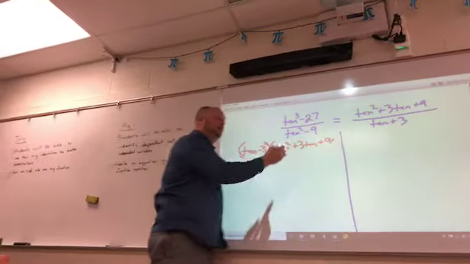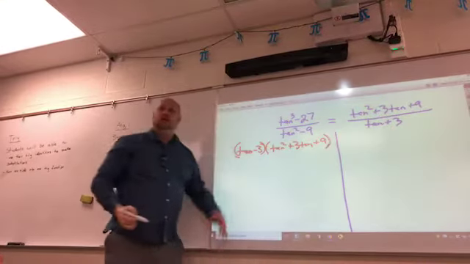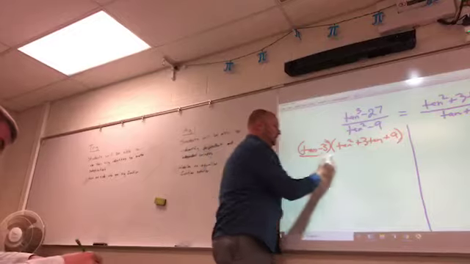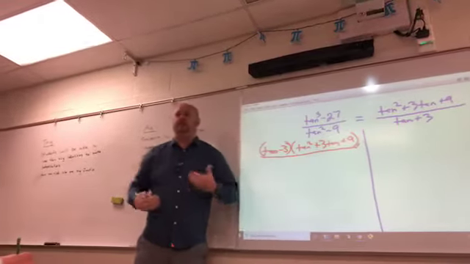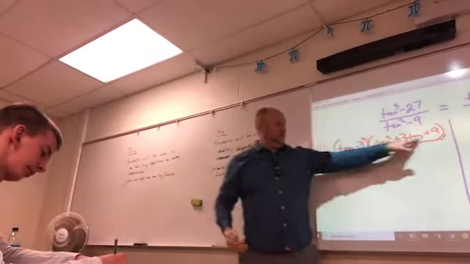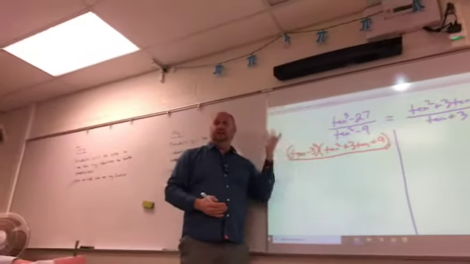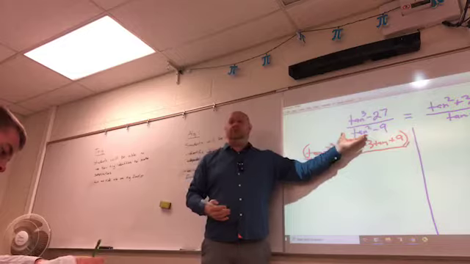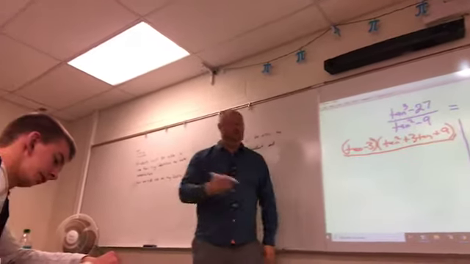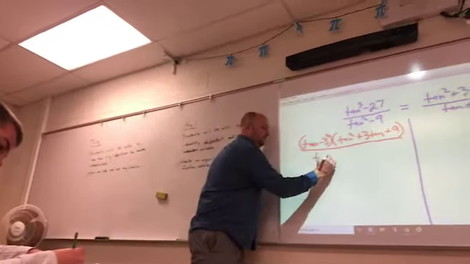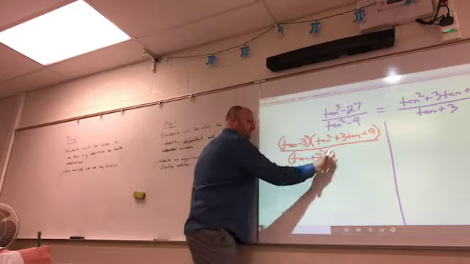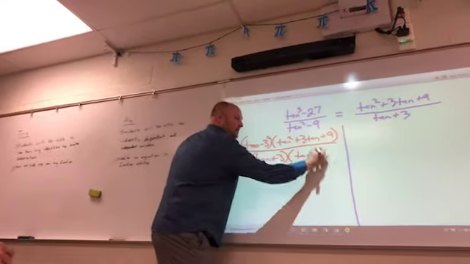Now that is a really, really good thing for us. This is the same as that, right? Great. All I got to do is get rid of this, and I'm done. Factor the bottom. What does the bottom factor into? Tan plus 3, tan minus 3.